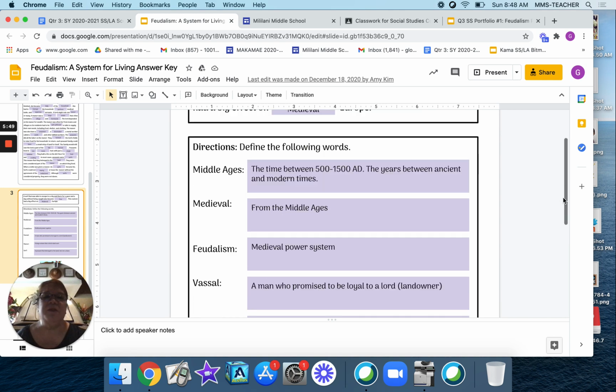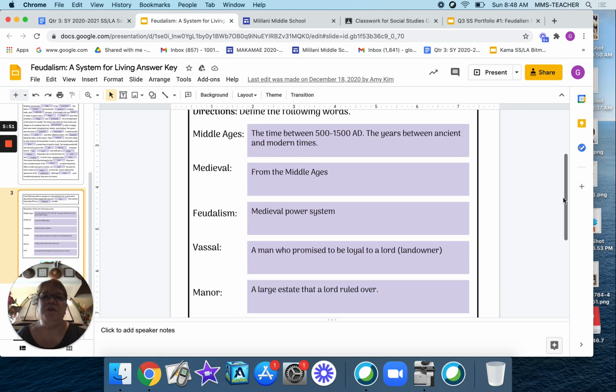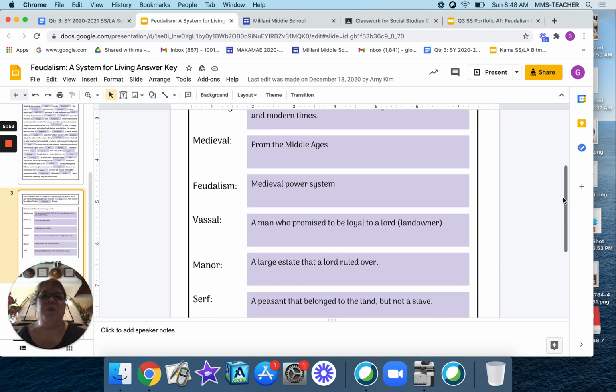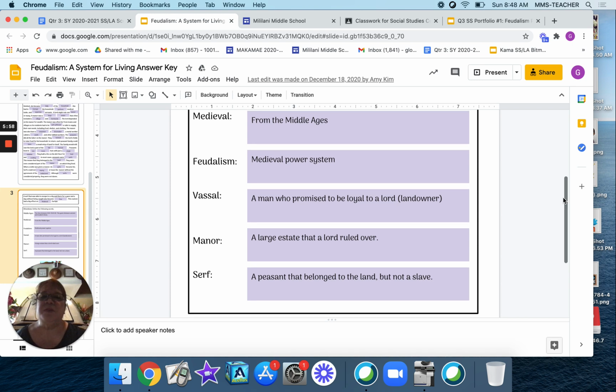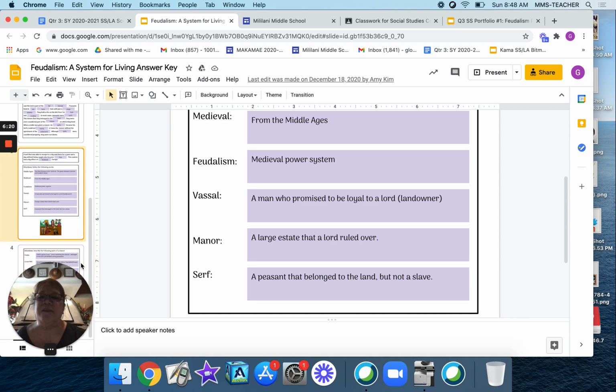Feudalism means medieval power system. Vassal, a man who promised to be loyal to a lord or landowner. Manor, a large estate that a lord ruled over. Serf, a peasant that belonged to the land, but not a slave.